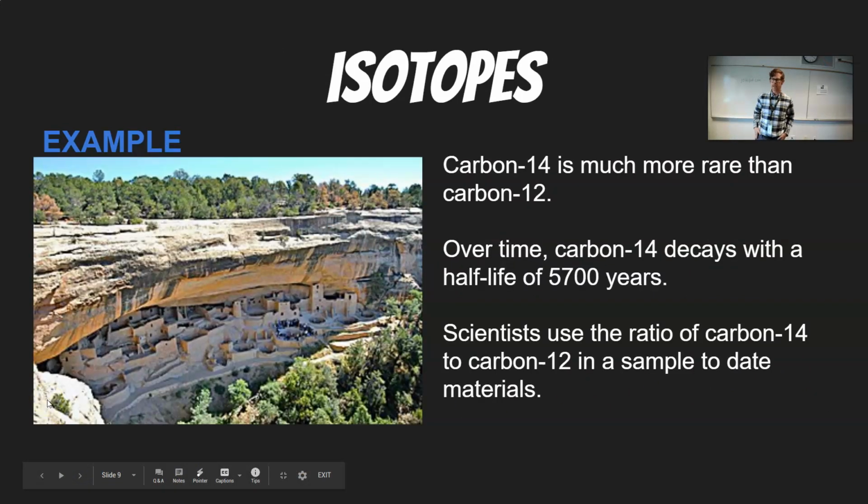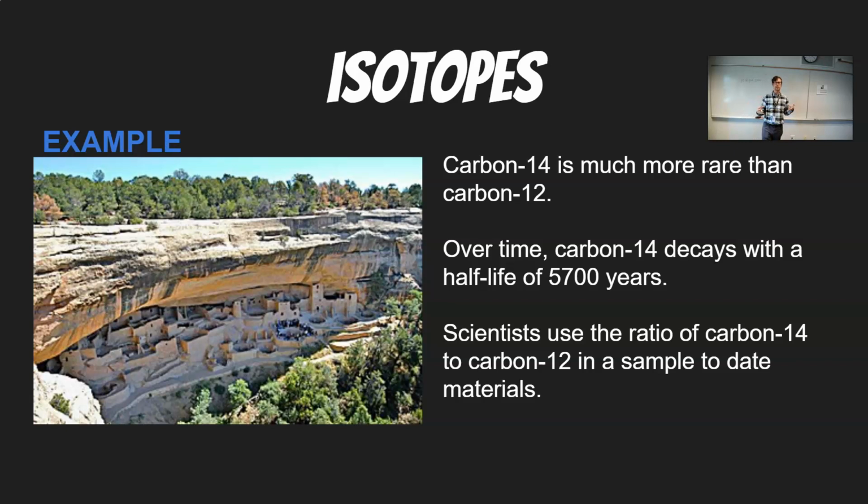Who cares, right? Why is this necessary? Well, there's a lot of difference in some of these isotopes, and the carbon example that I gave you is interesting because we actually are able to make use of carbon-14's rarity and the fact that we know how long it takes for it to break down to do really cool things like date objects, figure out how old certain objects are.